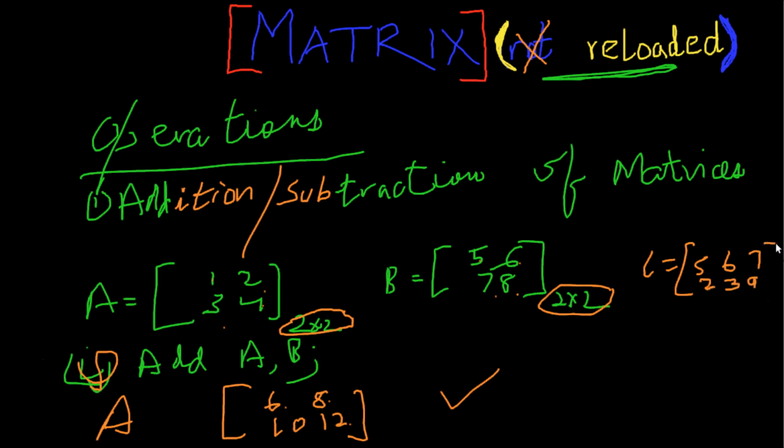C has an order of 2 by 3, and A has an order of 2 by 2. Even if one doesn't match, addition is not possible. So A plus C is not possible, B plus C is not possible, A plus B or B plus A, both the same thing, are possible.